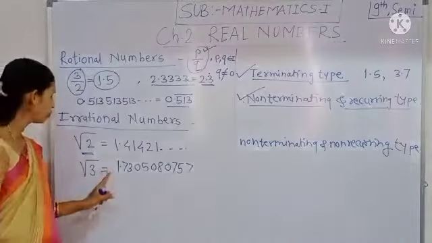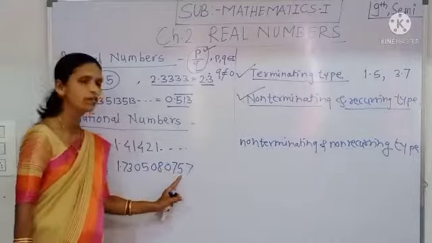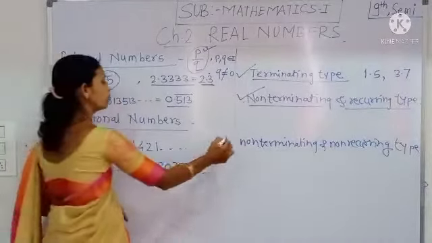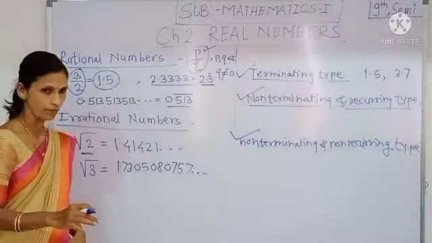As well as, the value of root 3 is 1.7305080757 and so on. That means it is also of non-terminating and non-recurring type.